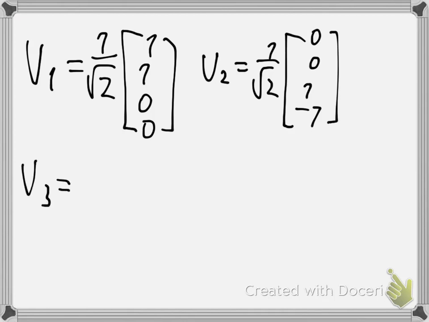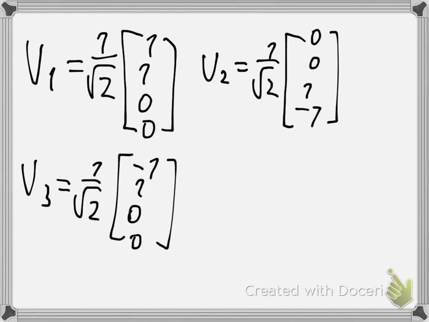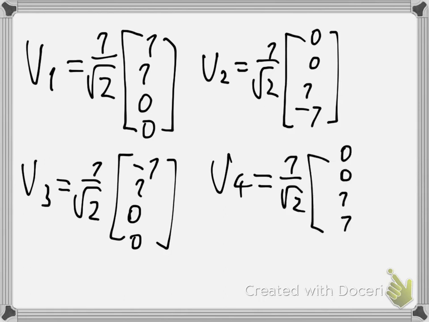U3 is equal to 1 over square root of 2 times (negative 1, 1, 0, 0). And U4 is equal to 1 over square root of 2 times (0, 0, 1, 1). Okay? And so here they are of length 1.